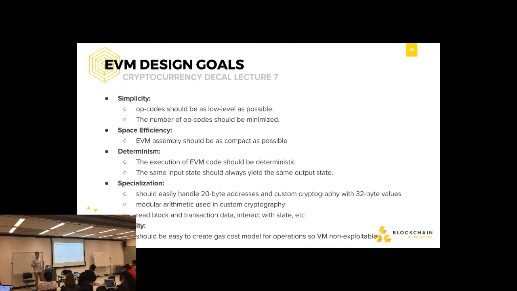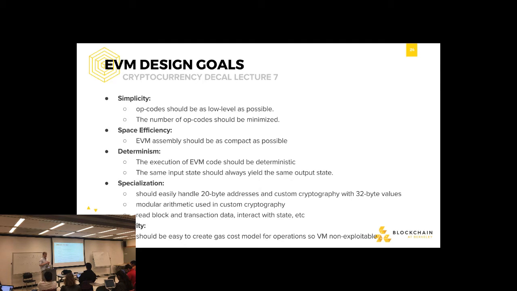There's a paper written by Microsoft that goes over how to easily statically verify contracts to make sure they execute correctly. Also, because the opcodes are simple and minimized, we can have much smaller bytecode sizes that represent each opcode, and this gives us space efficiency.